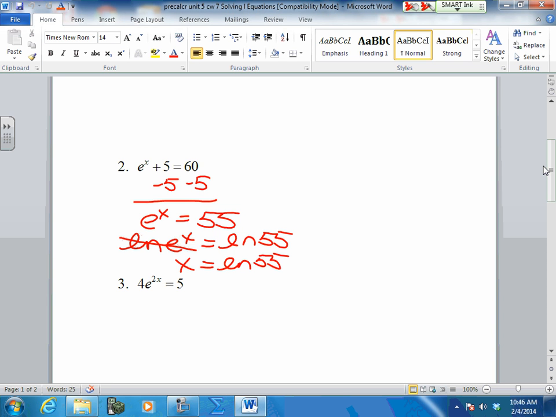And then let's do this to 3 decimal places. Good. 4.007. And go back and check it. e to the 4.007 plus 5, we will get approximately 60.